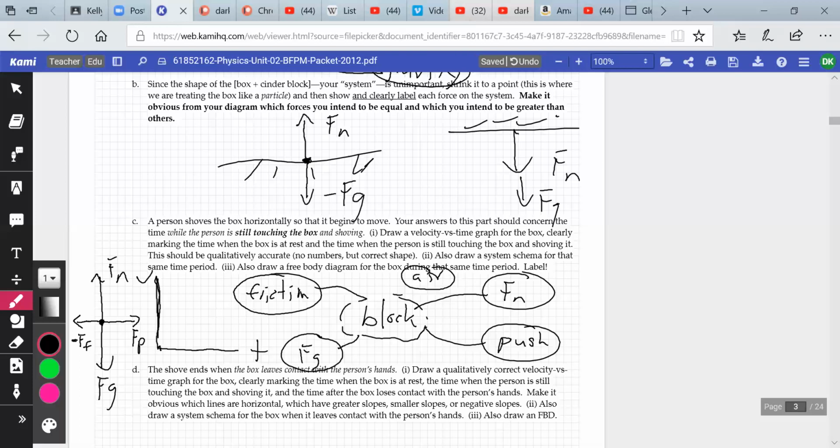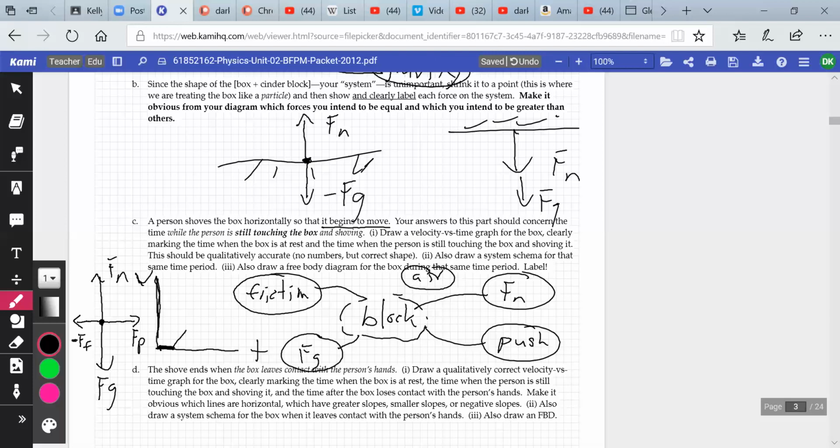Okay. So, velocity-time graph. It just starts to move. So we could say that for a small unit of time, the object's at rest, so its velocity is equal to 0. And then we get it to move. We could keep it this way with velocity equal to 0, but since they say that it begins to move, we're going to give it a slight shove, right?